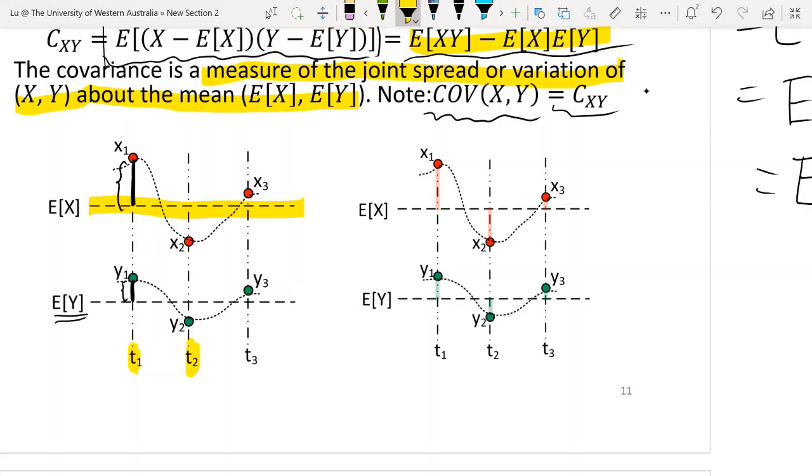In such a case, we can say the behavior of these two random variables is similar. So the covariance is used to measure such behaviors. Are they similar, opposite, or totally unrelated? Now let's have a look at some details.